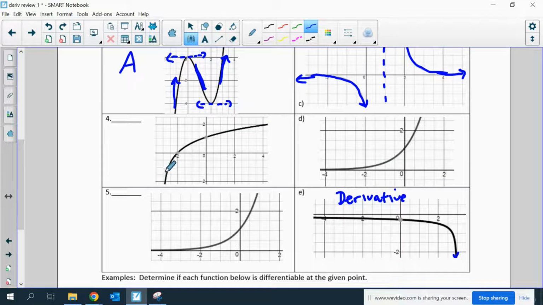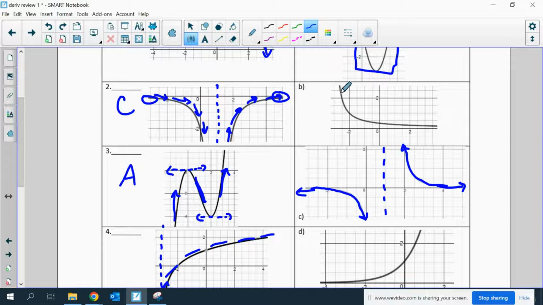Number 4, I have positive slopes everywhere that are leveling off. So it starts at a very positive high number and then increasingly levels off. It's starting somewhere around negative 3. So if I look at this graph, I have positive slopes that are increasingly leveling off as I go on forever.